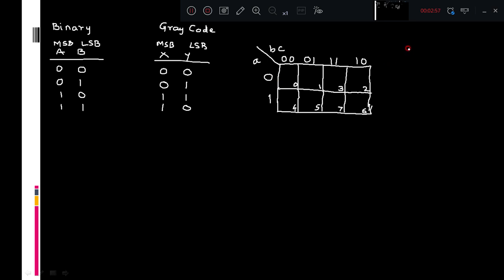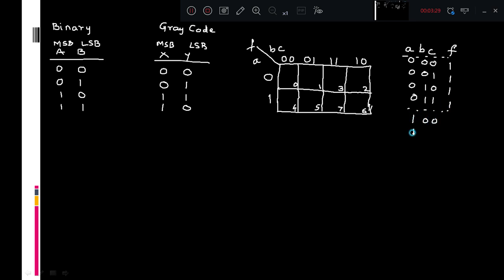What these represent is A, B, C, three input variables. Input can have 8 different combinations: 0 0 0, 0 0 1, 0 1 0, 0 1 1, and the output, say F, we are writing here, and the output is 1 in all the cases.